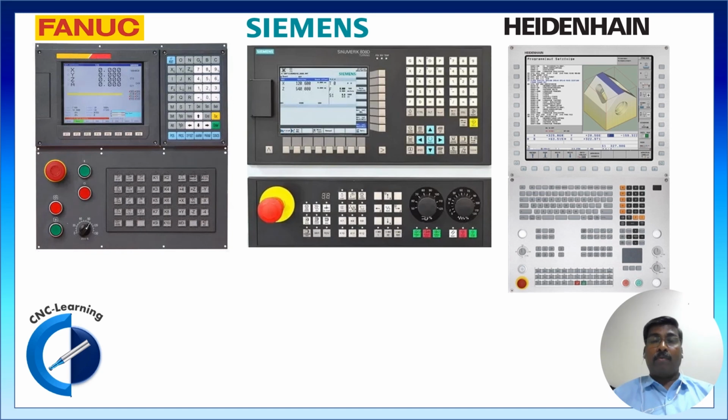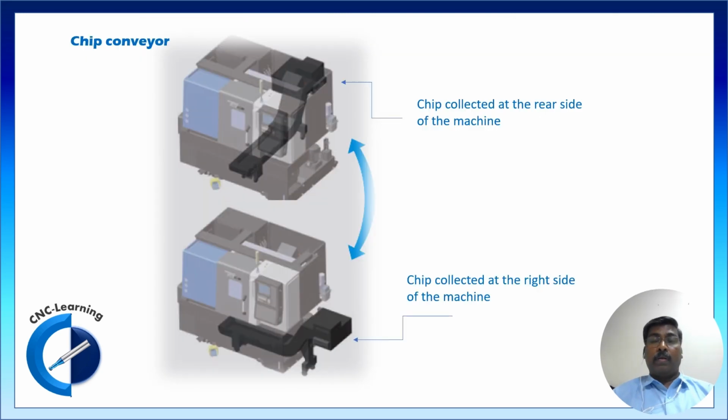That is also an available controller in the market. Then comes the chip conveyor. Based on your machine size and the location where you are fitting it, the chip conveyor can have the chip collection at the rear side or at the right side.